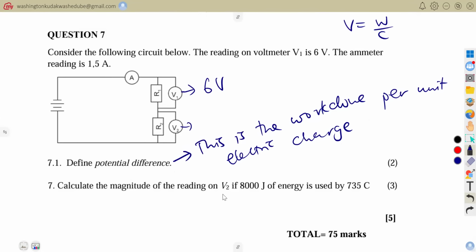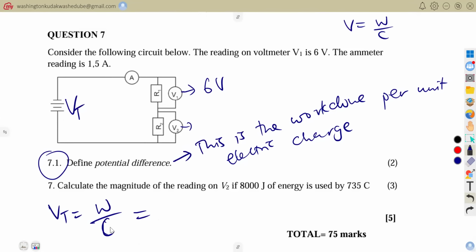Calculate the magnitude of the reading V2 if 8,000 joules of energy is used by 735 coulombs. So now, we assume that this 8,000 joules is being used for this circuit. So the voltage here, which is the total voltage, would be equal to the work done per unit coulomb of charge. That's why they said determine the potential difference. So defining the potential difference, we know that it is the voltage across our conductor.